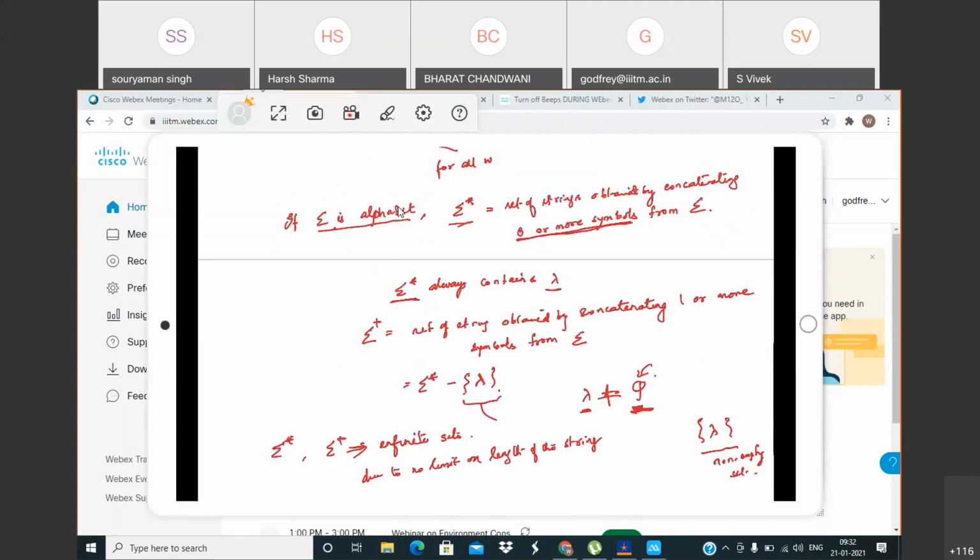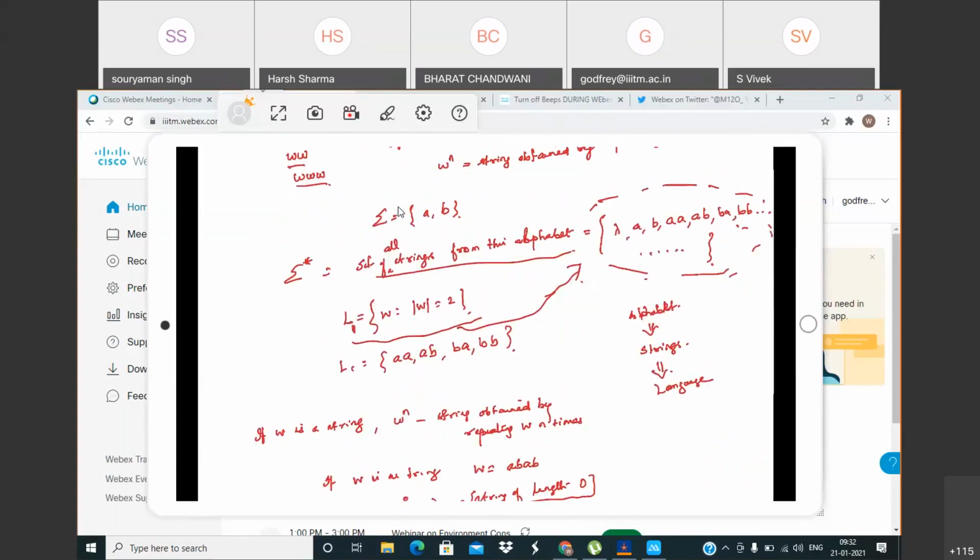That's why, as I told you, the language I defined here, L1, is a subset of this sigma star.